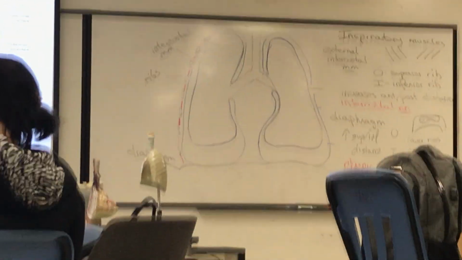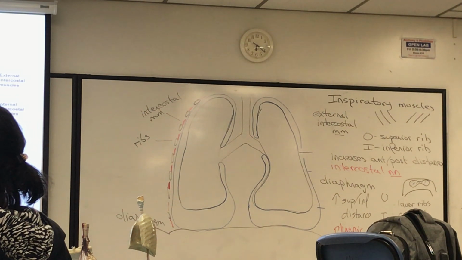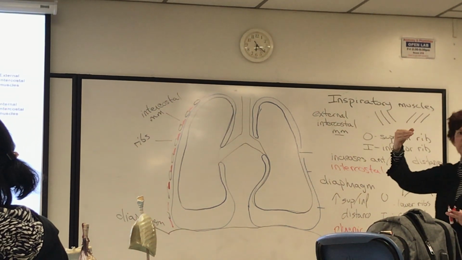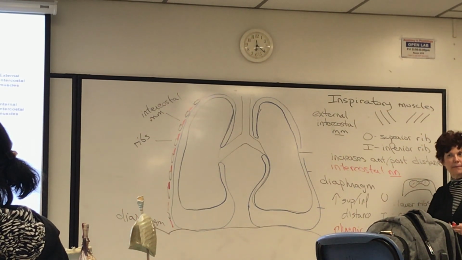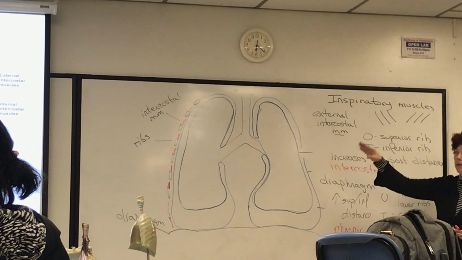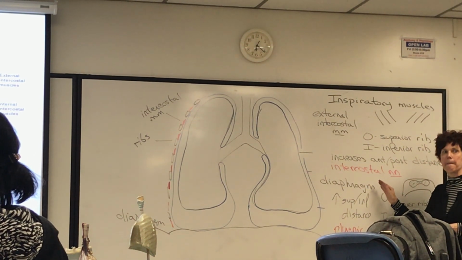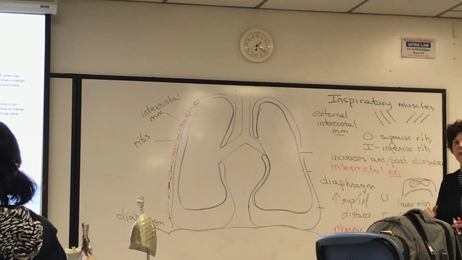So fracture of the spinal cord, damage, separation of the spinal cord above C3 means that there is no connection of upper motor neurons to lower motor neurons for breathing, all right? Because these muscles that we're talking about, are they smooth muscle or skeletal muscle? Is breathing voluntary or involuntary?